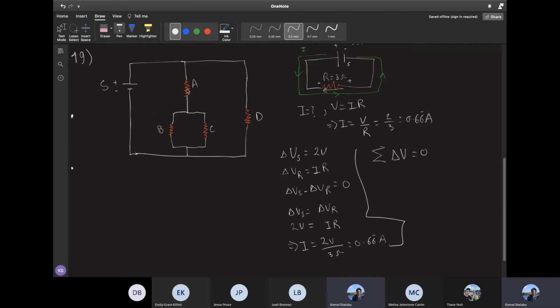Each resistor has its own potential difference, and the sum of all those potential differences around the resistors should equal the potential difference of the battery, or the sum of all of them should equal 0. Is that okay?